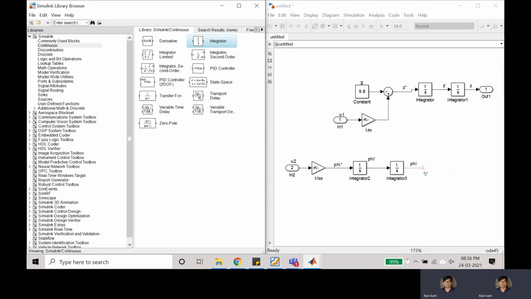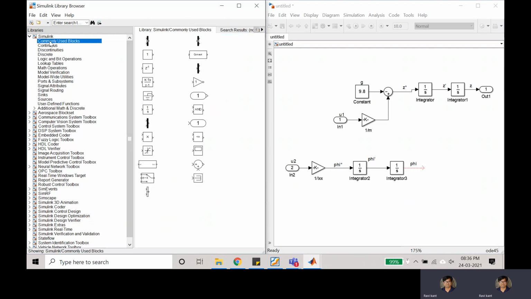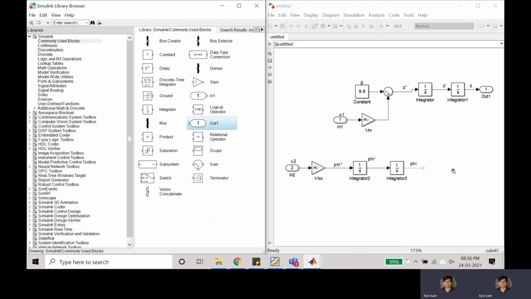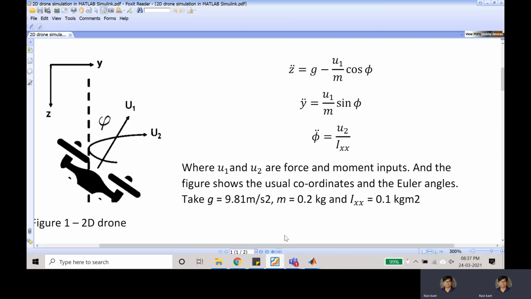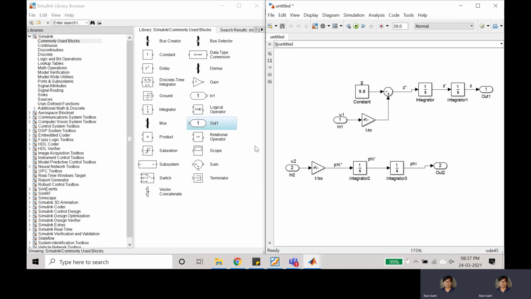What I will do is make one output here as phi. I want this phi to be one output. Once again I will multiply it with one gain. So what is that gain? That gain is 1 upon m.